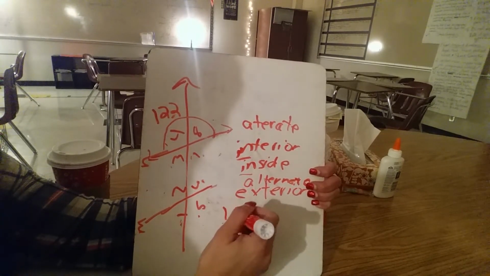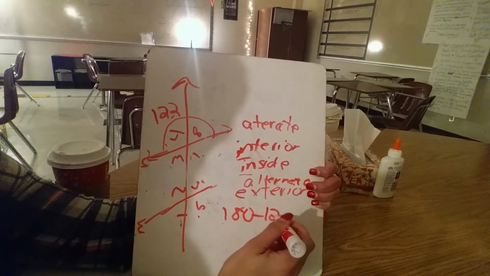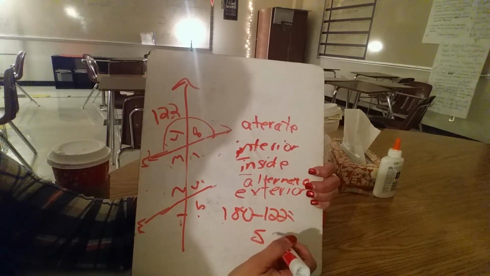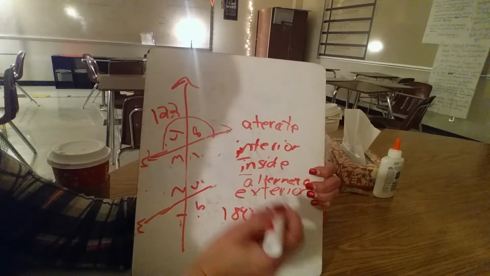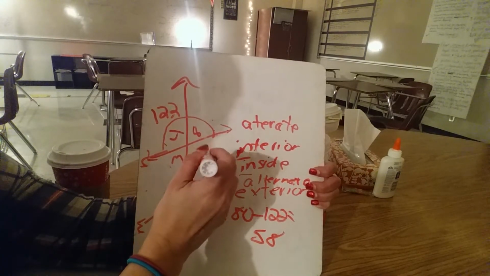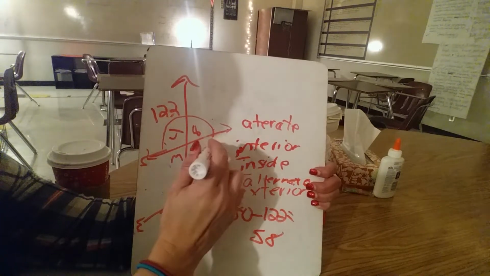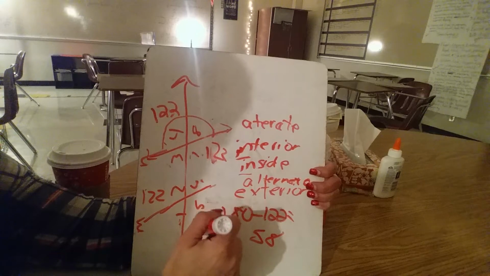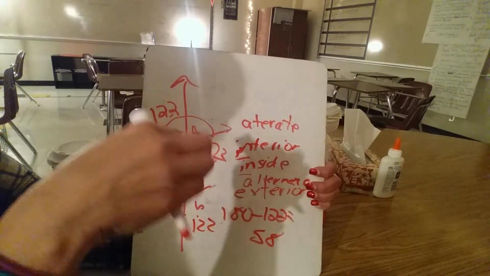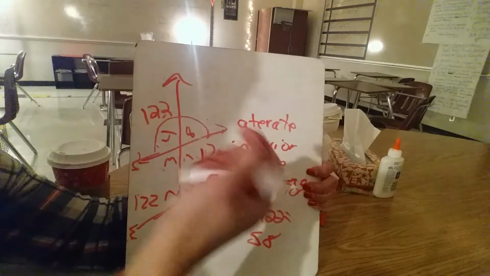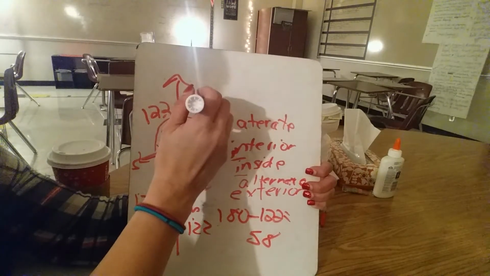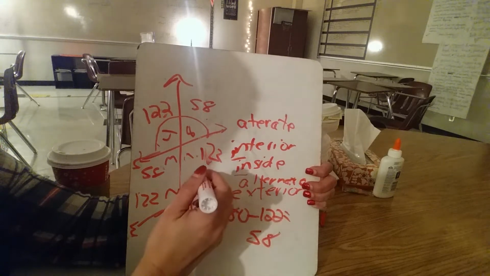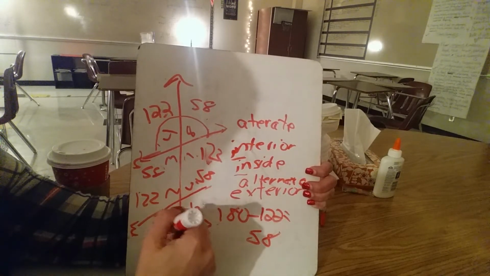So we said 180, you're going to subtract the one angle you know, and you're going to get 58. So if that's 122, we hop over here, and this is 122. Hop over here, 122. This is not the one that it's showing you down here, but it's giving you an idea. And then if this was 58, it comes over here, 58, over here, 58, and over here, 58.